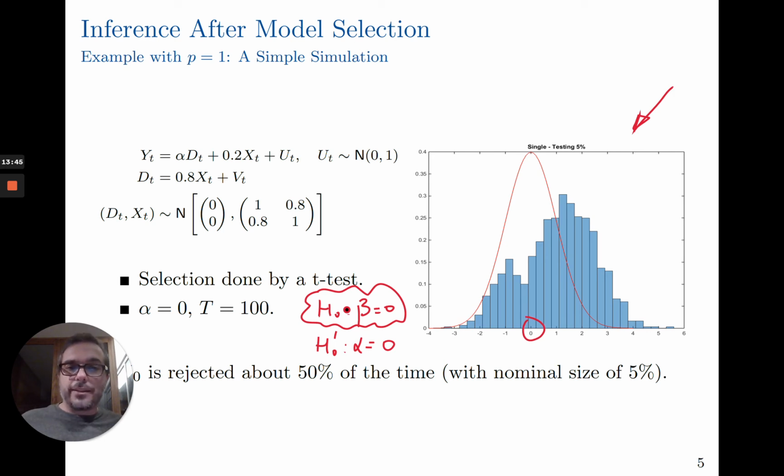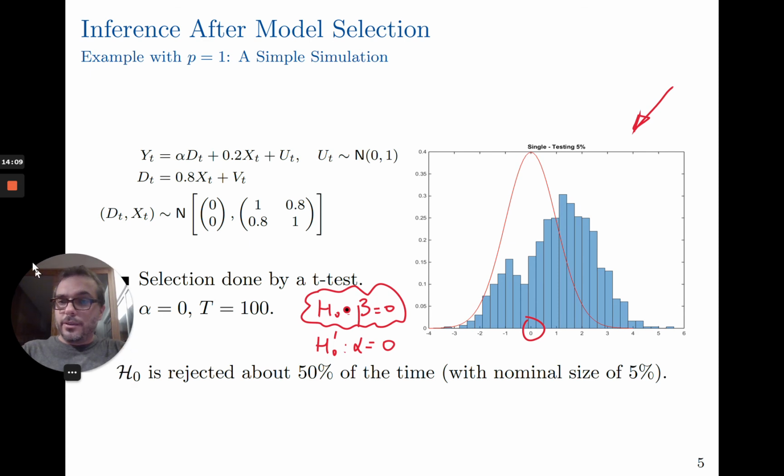What you see in practice is the histogram in blue, which shows that the OLS estimates for alpha are bimodal, with modes completely different from 0. And in fact, the null hypothesis here is rejected about 50% of the time instead of 5%.